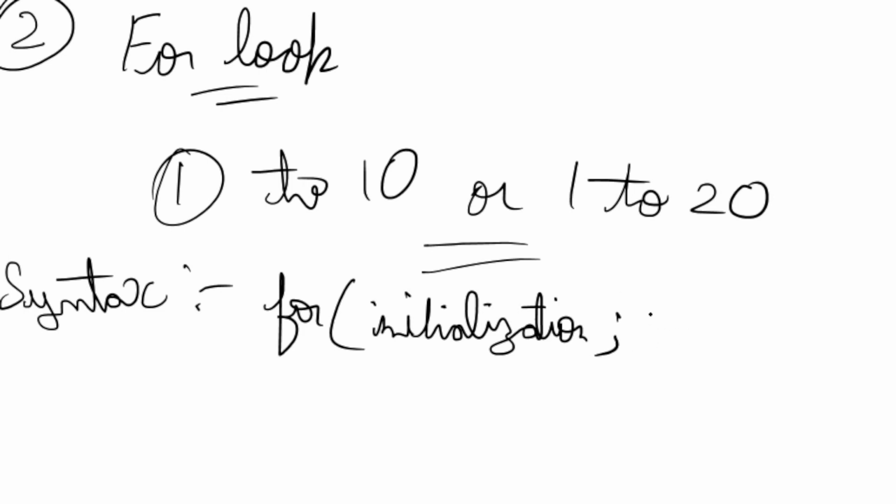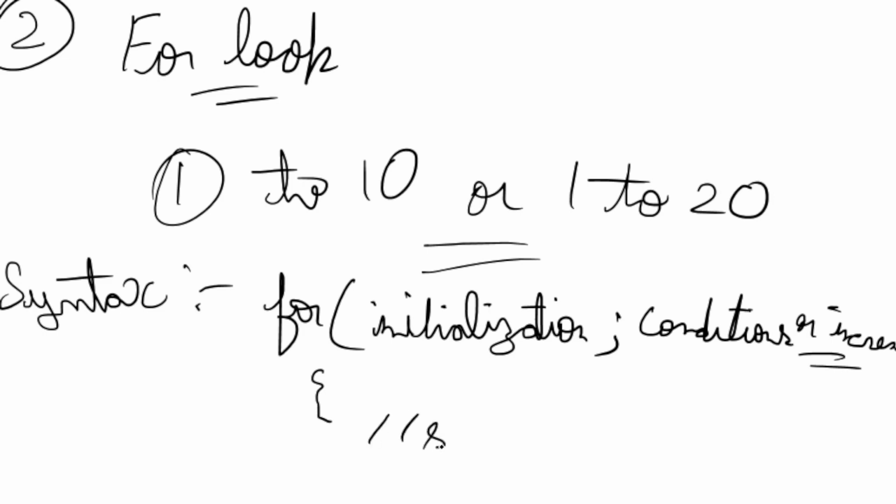Or you can also give a condition or increments, and after that you have to provide your statements. I will show you that we can print a table of 2 in a for loop.